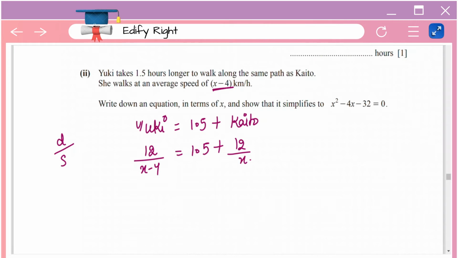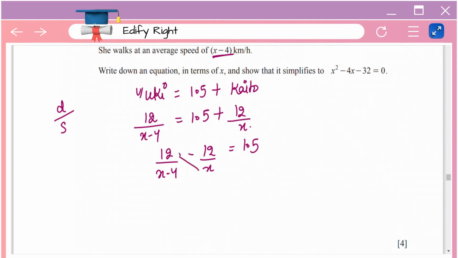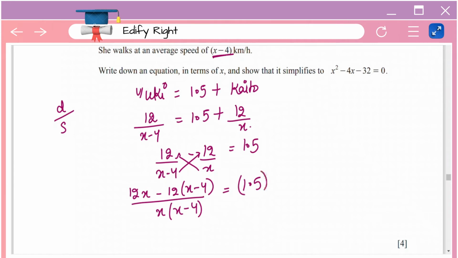So here I'm going to take all the x terms to one side. So that will be 12 by x minus 4 minus 12 by x equal to 1.5. Then you're just going to cross multiply to get the numerator. So that's 12x minus 12 times x minus 4 upon x into x minus 4 equal to 1.5. Then you're going to cross multiply here.